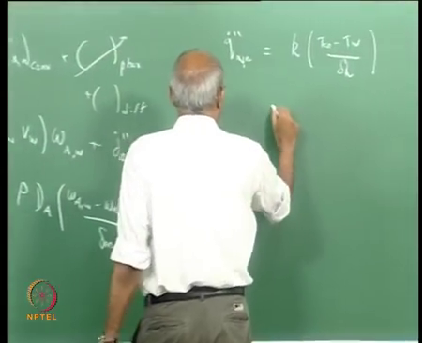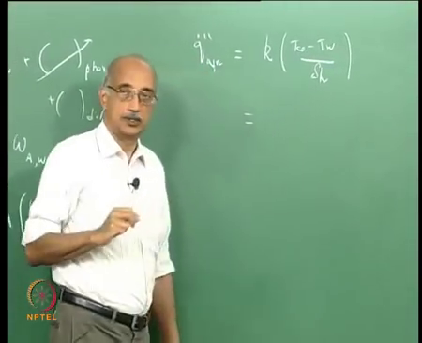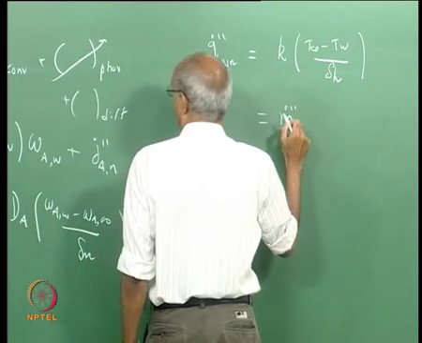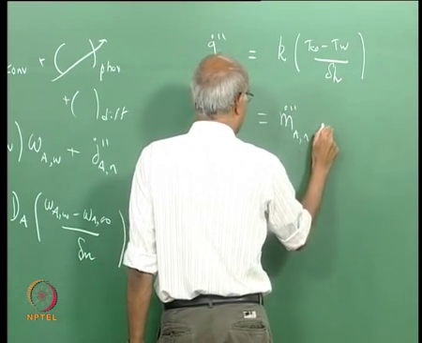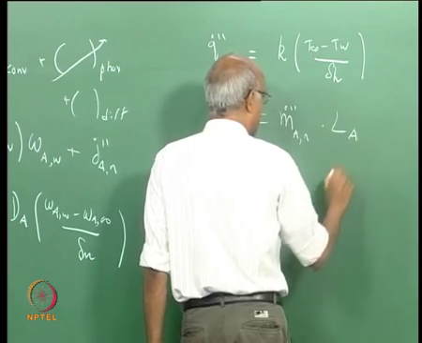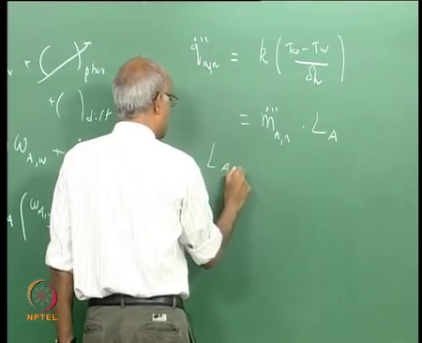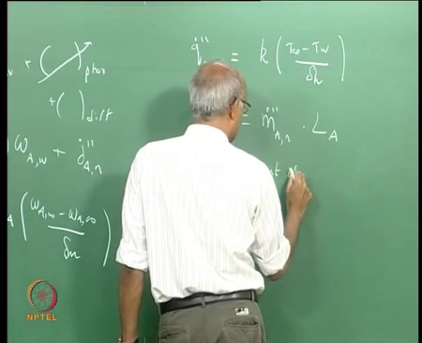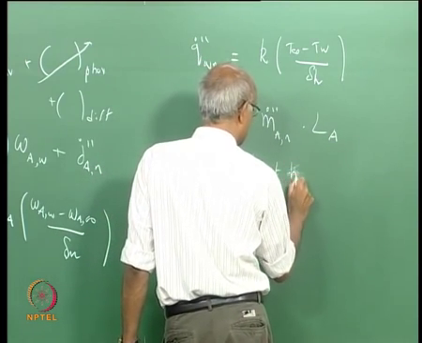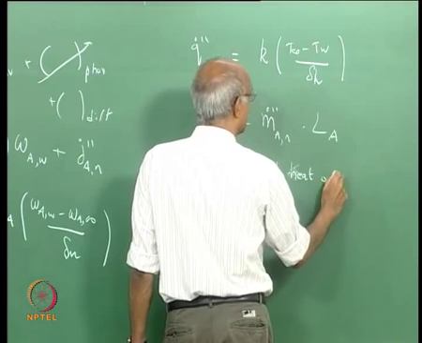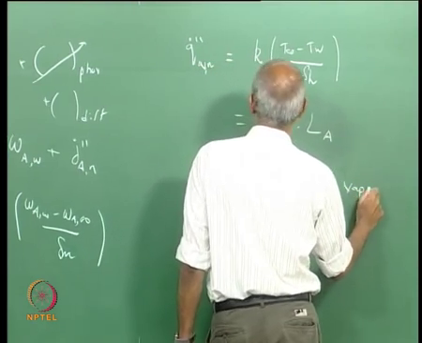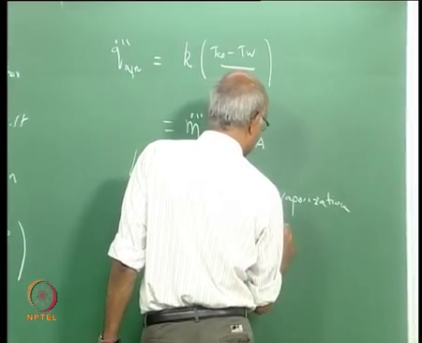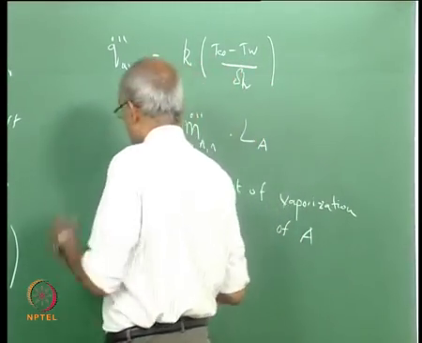Well, this heat flux must then be equal to M A dot double prime in the normal direction times L A, where L A is the latent heat of vaporization of substance A.